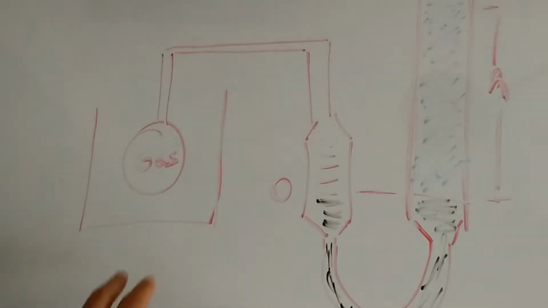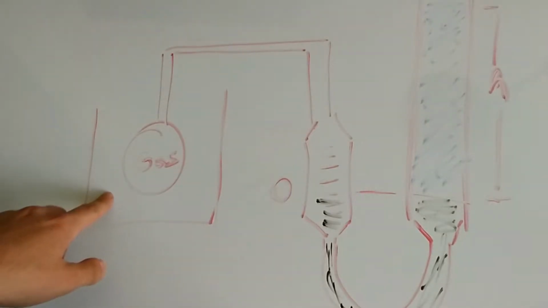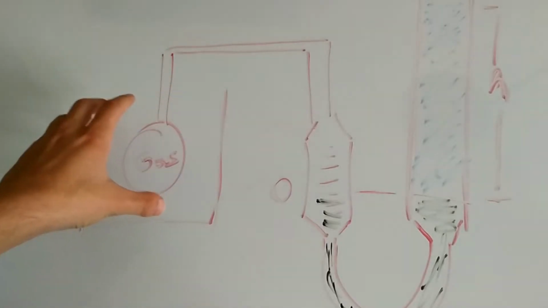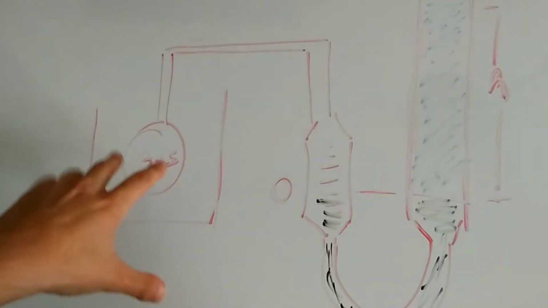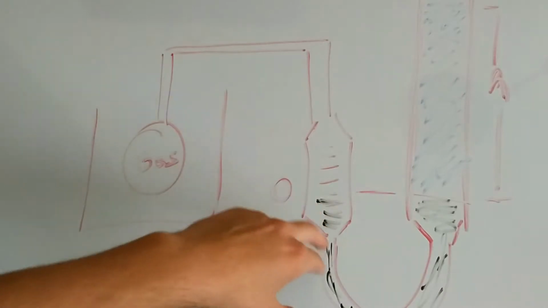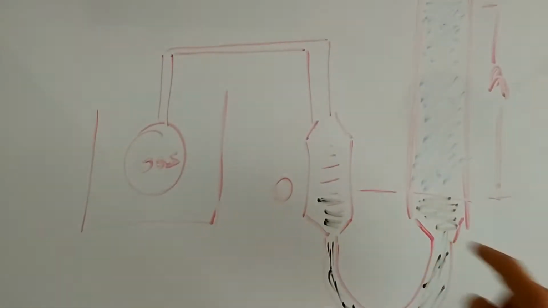Here we have a sketch of a constant volume thermometer. Here we have a container with a certain type of liquid in it. Then we have a flask with a certain type of gas, and that flask is connected through tubes to another two flasks where we have mercury inside of them.